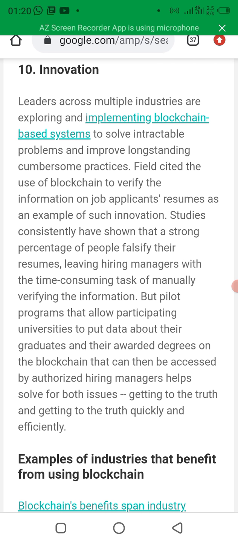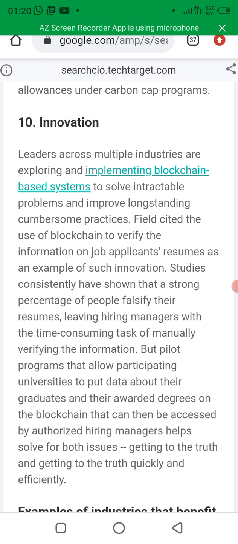Then innovation is another thing. Innovation in the sense that it gives room for creativity, gives room for a lot of businesses, a lot of people to start building concepts that blockchain can be applied to.